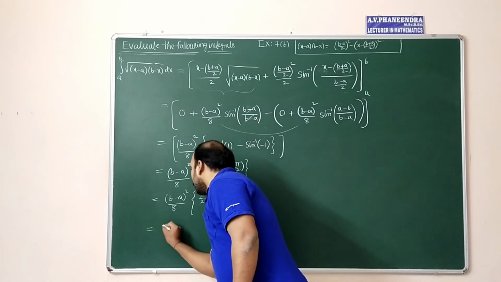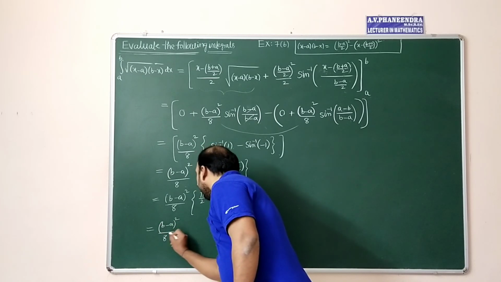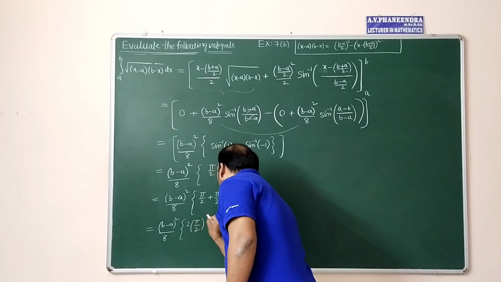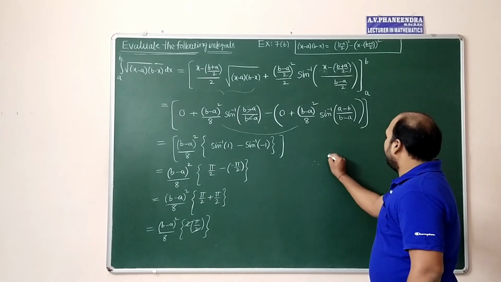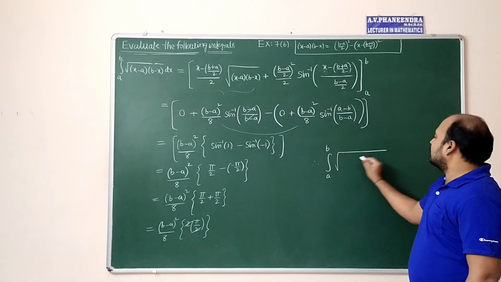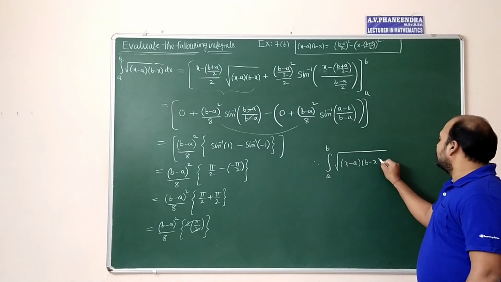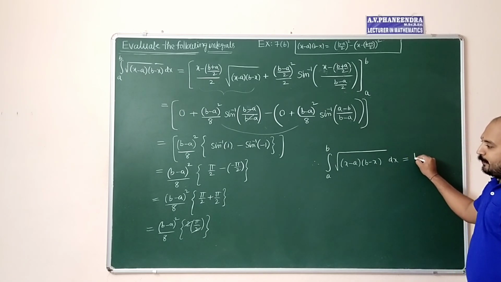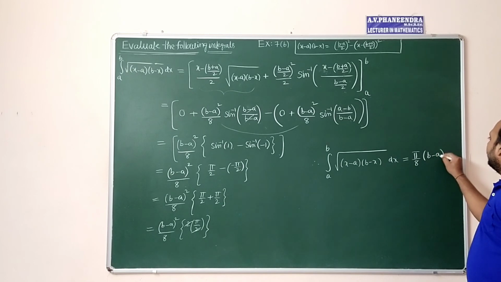So which is equal to b minus a whole square divided by 8 into 2 into pi by 2. 2 get cancelled. Therefore, integral a to b square root of x minus a into b minus x dx is equal to pi by 8 into b minus a whole square.